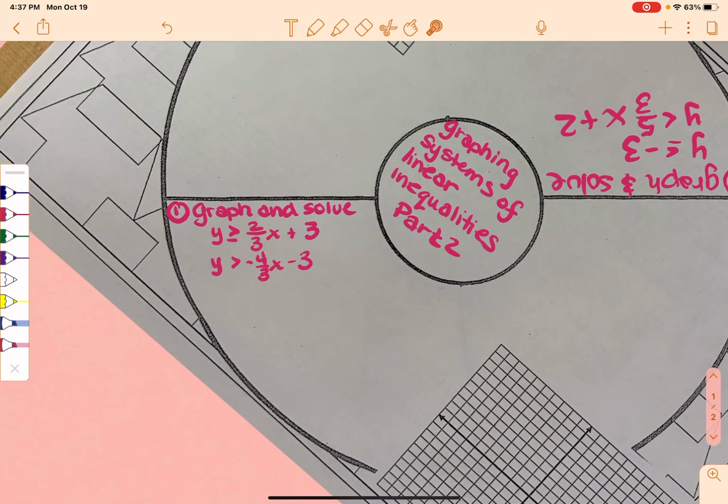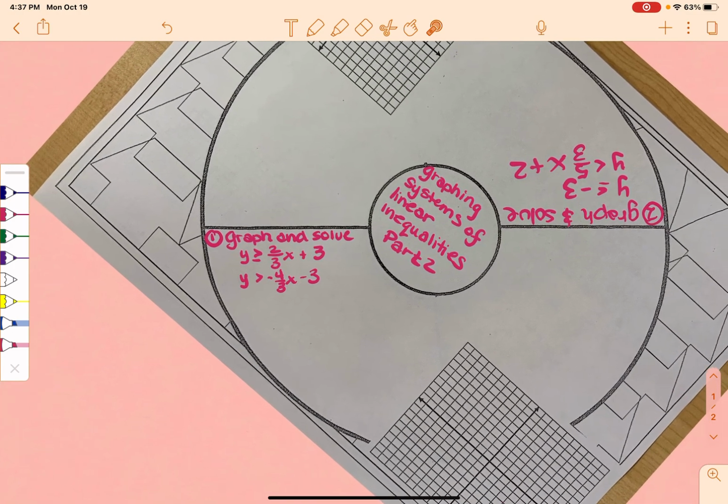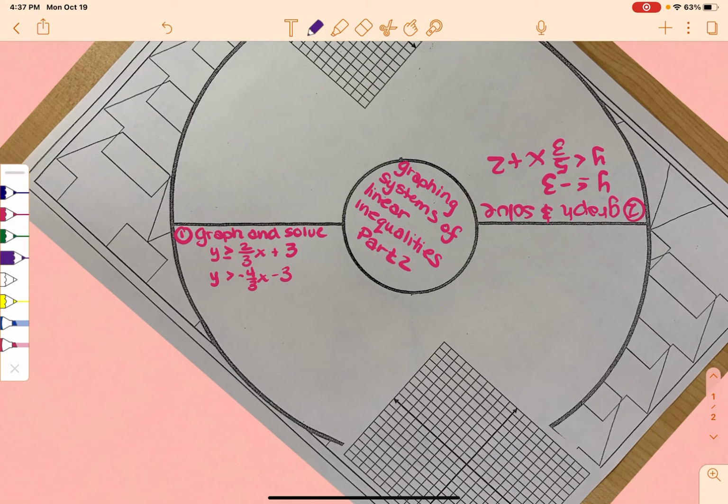Graph and solve. y is greater than or equal to 2/3 x plus 3, and y is greater than -4/3 x minus 3. So I'm going to take these two and kind of separate them like we've been doing to make it easier for us to find those four pieces.